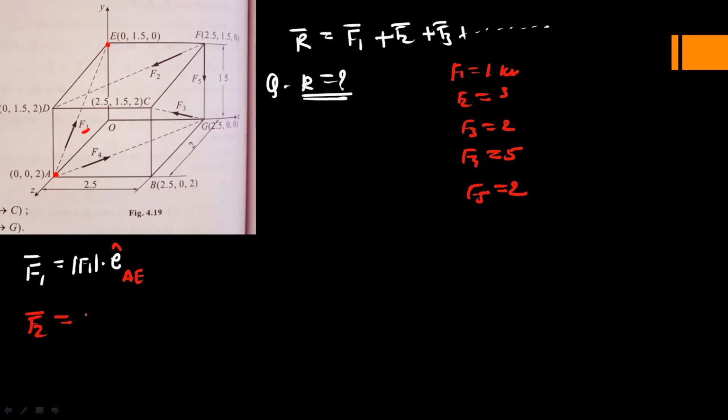Then F2 bar, this is equal to mod F2 into unit vector. So F2, it is directed from point F to the point D. So this will be unit vector FD. F3 bar, this is equal to, so force F3.